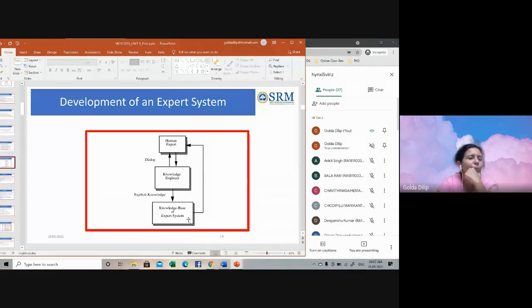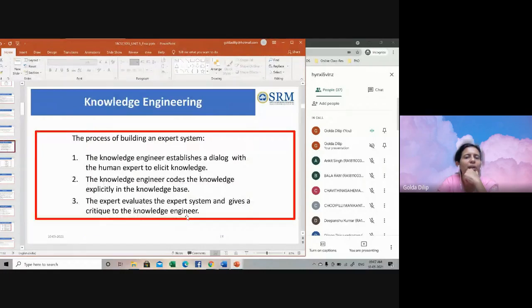These programs are what is called knowledge acquisition systems. You cannot call them fully automatic, but these knowledge acquisition systems will assist you in building an effective knowledge base. So that is regarding the development of an expert system.